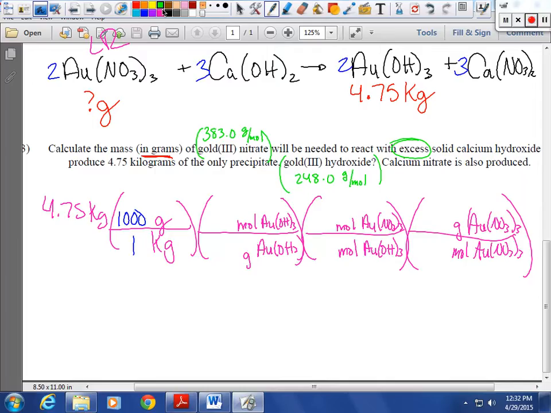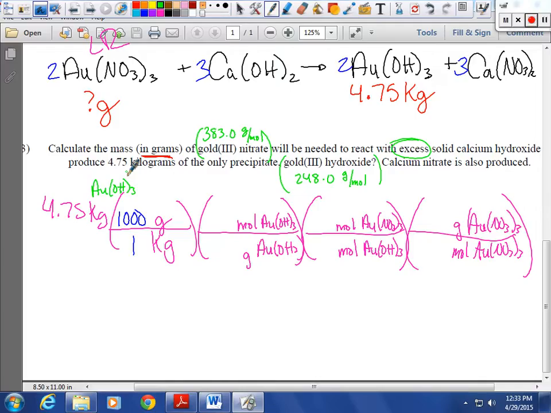Start it, yeah. See, I left that out. Of AuOH3. Sorry, I left that out for my whole first part. So we're going from kilograms to gold 3 hydroxide to grams of gold 3 nitrate.